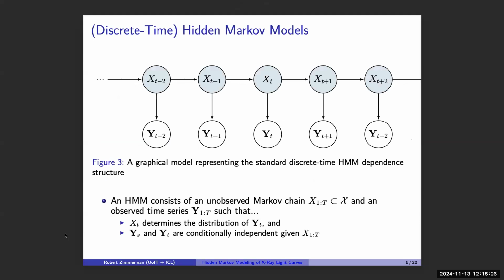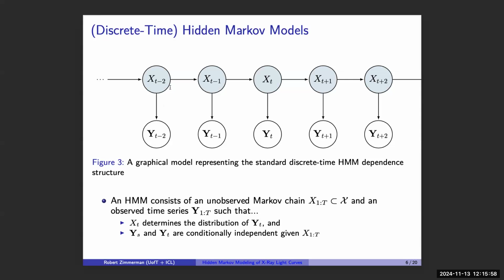At least in discrete time, which is what we deal with in this project, a discrete time hidden Markov model consists of an unobserved Markov chain, which we denote using x's: x_{t-2}, x_{t-1}, and so on, really x_1 to x_T. These all take values in some state space, which we call script X over here. And we have an observed time series, y_1 up to y_T, which we write as vectors because in this case our observed data is bivariate.